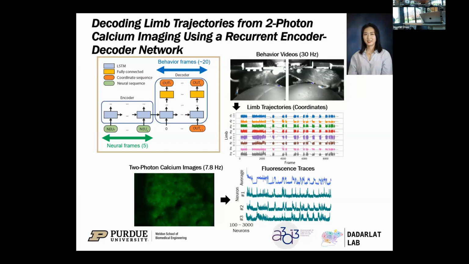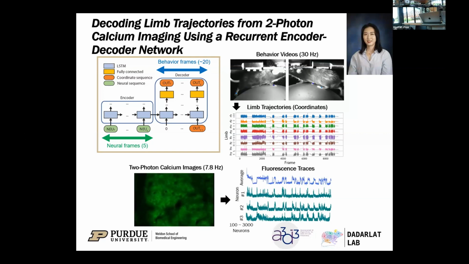The input to the neural network is these fluorescence traces extracted from two-photon calcium images. These fluorescence traces represent fluorescence changes over time for each neuron. It is normal to use these extracted fluorescence traces for two-photon calcium images, but in the future, we are hoping to use the raw calcium images because there is a loss of information if you use the extracted fluorescence.